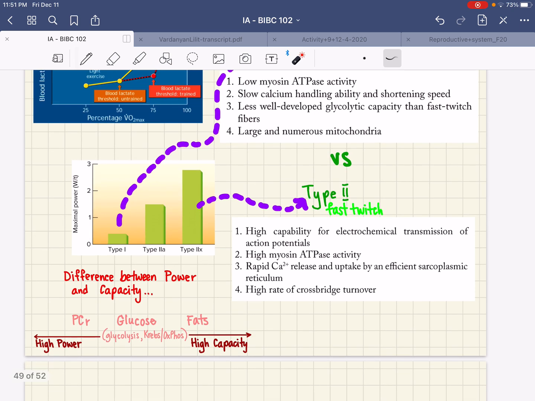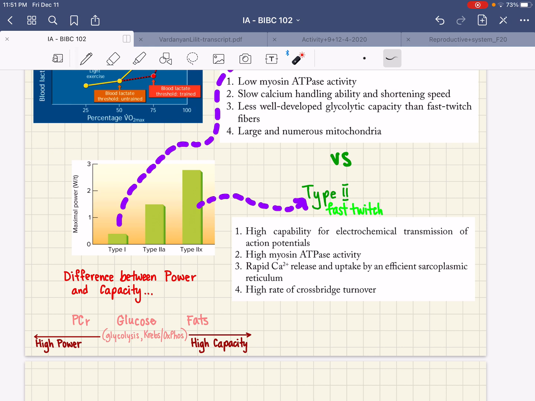This graph is good because it shows the maximal power of each type of muscle fiber. And you can see that type 1 muscle fibers have very low power compared to type 2s. And this makes sense because we don't want marathon runners to be necessarily very strong and deadlift like 300 pounds, right?